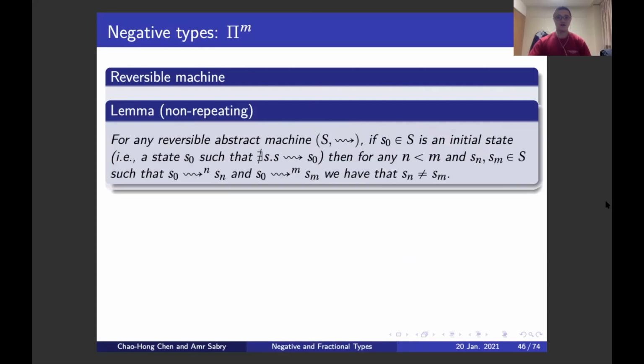Now, there's a simple lemma for reversible machines, which is the non-repeating lemma. It says that if S0 is an initial state, which means there does not exist any state that goes to S0, then if you start from this state, you can never take repeating steps.